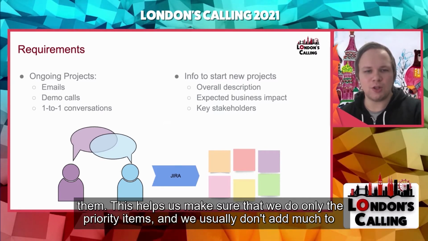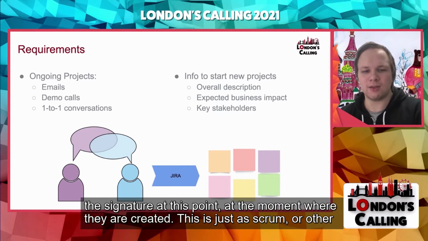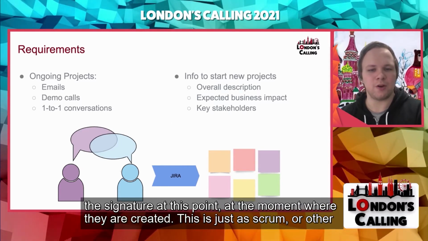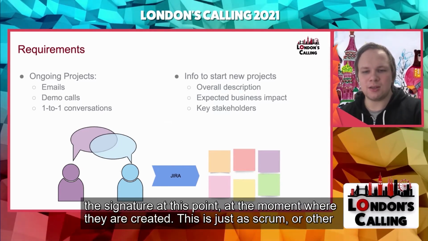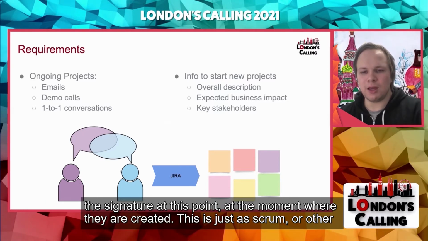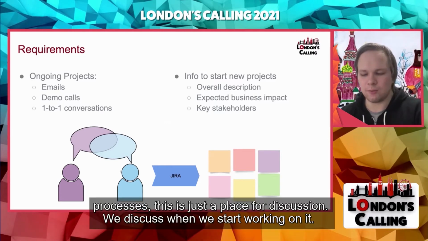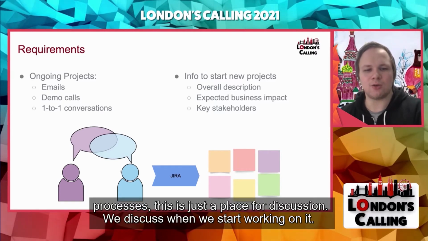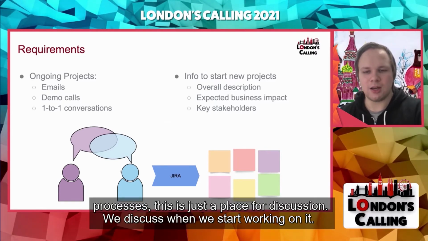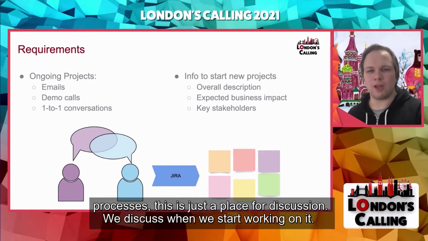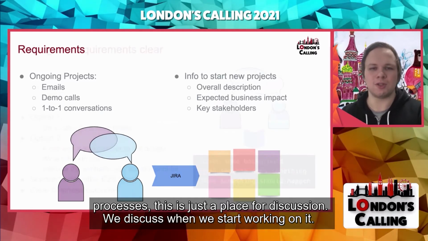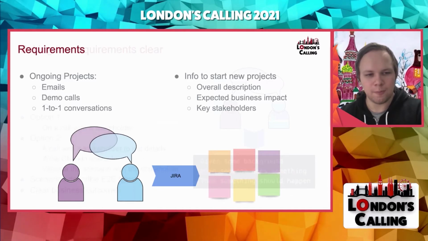And we actually don't add much detail in JIRA at the point where we create it, because, as Scrum or other agile techniques teach us, this is just a placeholder for discussion. And we discuss the details when we get to the JIRA and when we start working on it.